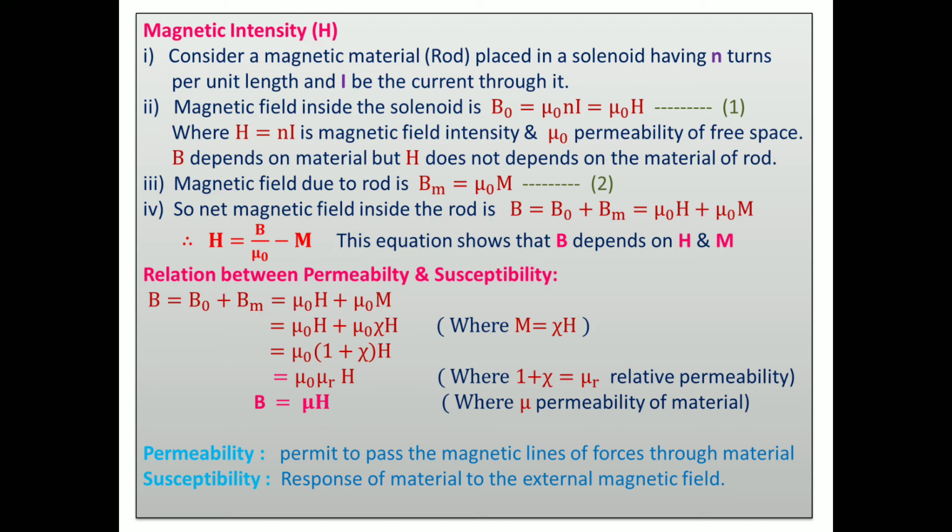When it is kept in the magnetic field and it gives a quick, strong response, then its susceptibility is more. These are the definitions in simple language: permit to pass the magnetic lines of force through a material is the permeability, and the response of a material to the external magnetic field is the susceptibility.